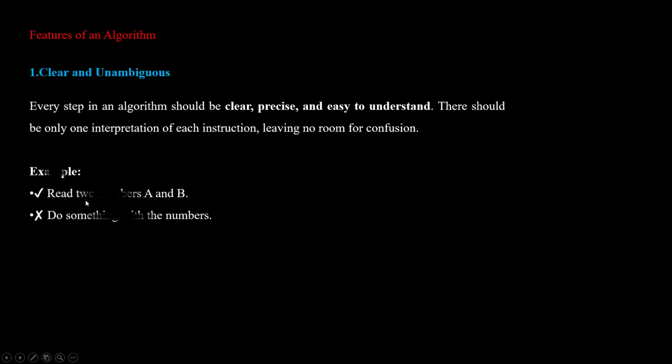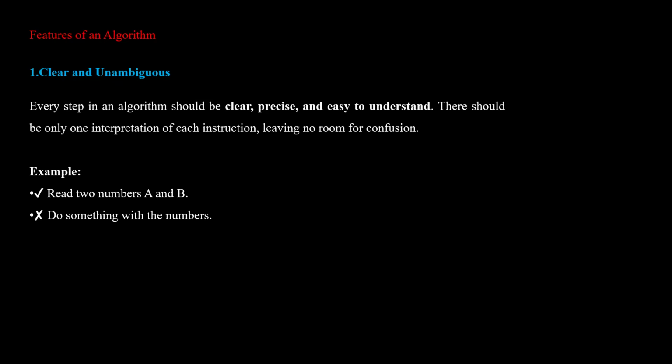For example, read two numbers, A and B. We give the algorithm integers A and B, and the algorithm can read the integer A and B values and do the sum.